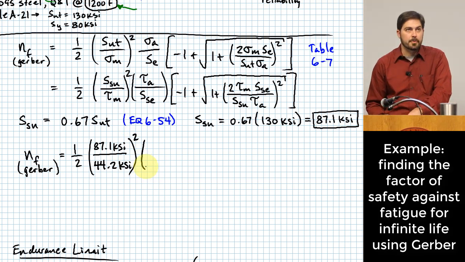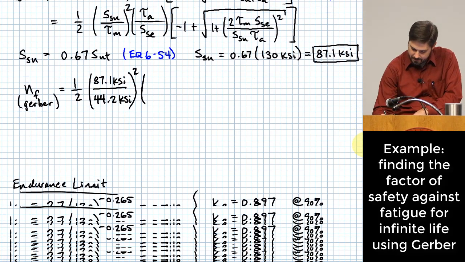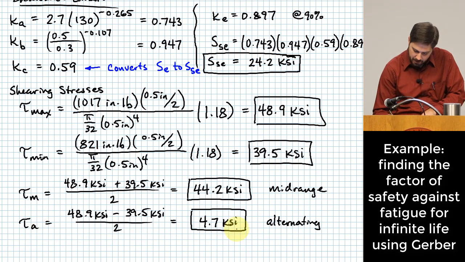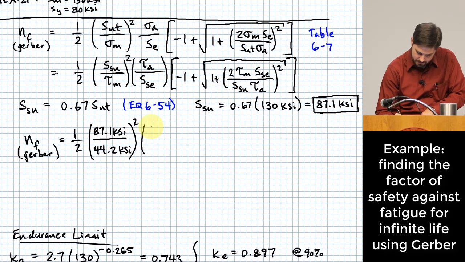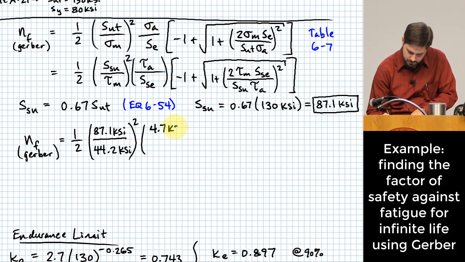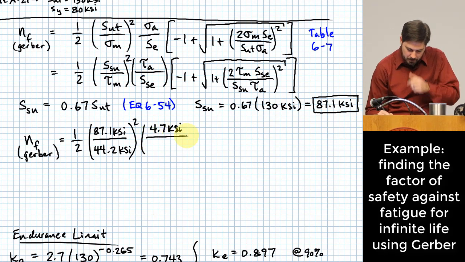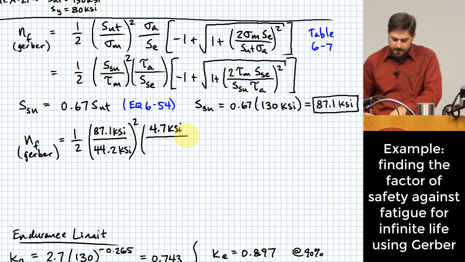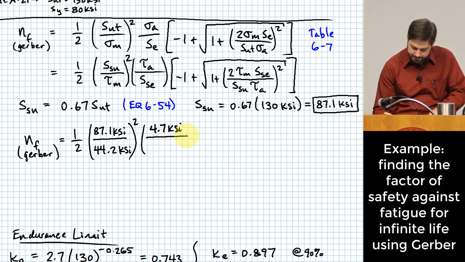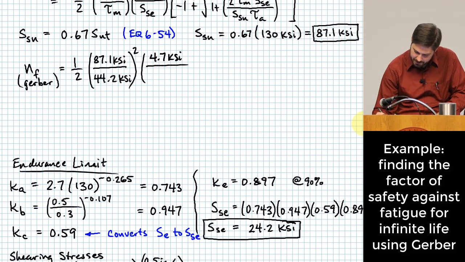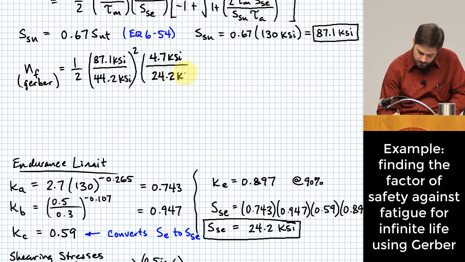Then our next term, we have tau sub A. Tau sub A, our alternating component of stress, was 4.7 KSI. And we divide that by the endurance limit in shear, which we had just down here, 24.2 KSI.